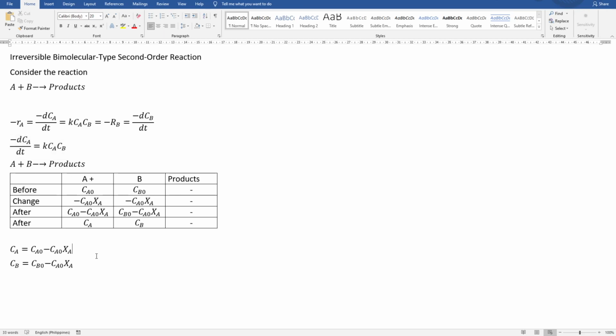So we substitute this to here. So for CA we have this, let's put some parentheses, and for CB we have this.